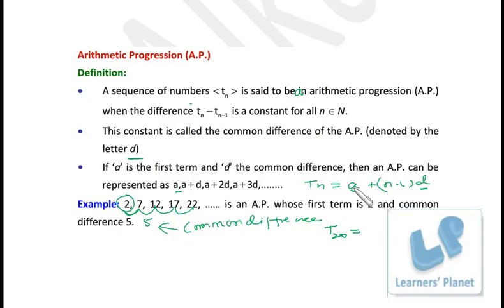What we can do is a is 2 plus n is 20, so n minus 1 will be 19, into d. D is what? 5, right? So 19 into 5 is 95, plus 2, 97. So that will be the 20th term of this AP. So if we keep on writing all the terms till the 20th term, it will be 97.